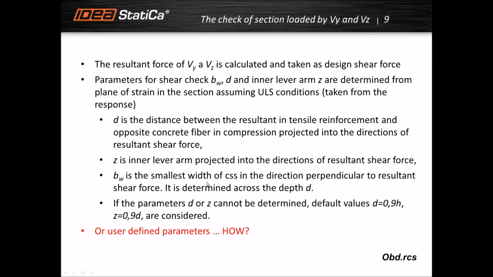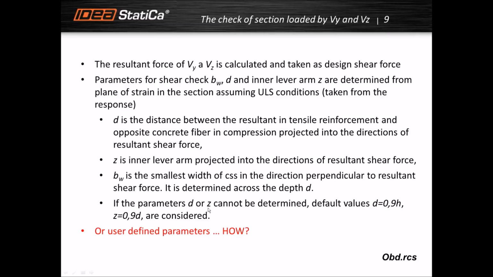BW is then the smallest width of the section in the direction perpendicular to the resultant shear force. We calculate it across the depth of D. We go step by step across this depth, and we calculate which BW is the smallest one.